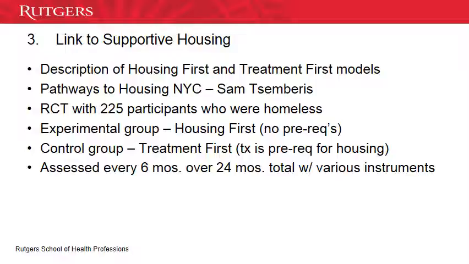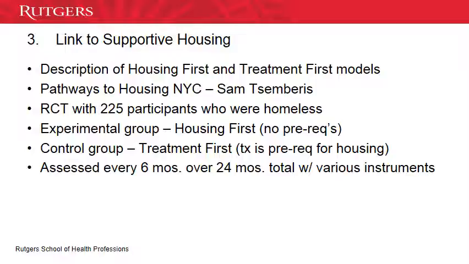The difference between the two is that housing first, developed by Sam Tsemberis through his agency Pathways to Housing, is based on the premise that housing is a right first and foremost and not a privilege. So people should have housing, and after that, should they elect to have treatment services or gain sobriety, it is up to them.